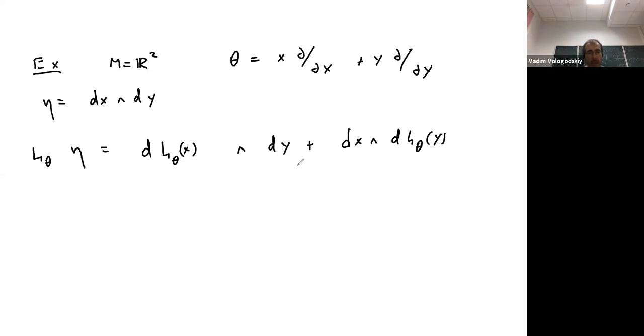This is the Leibniz formula. Now, if you differentiate this function x along this vector field, you get x. So this is dx wedge dy plus dx wedge dy. Okay, so this is much easier. Very good.